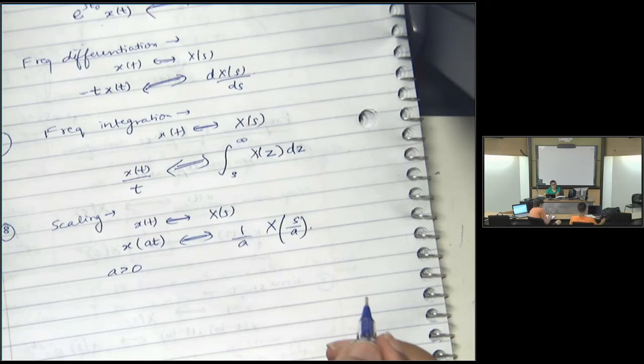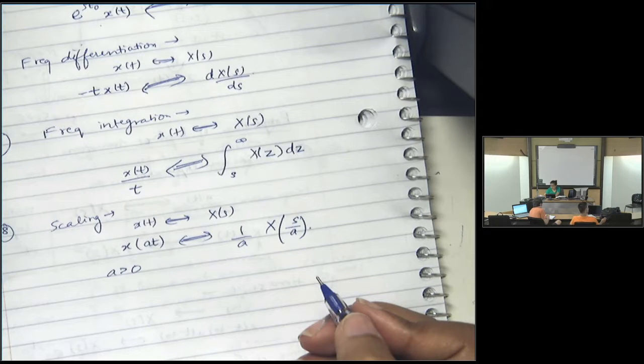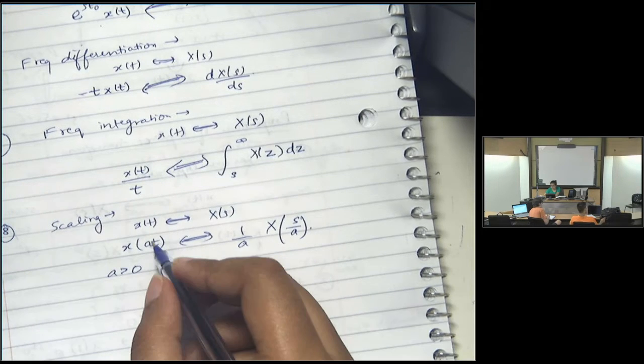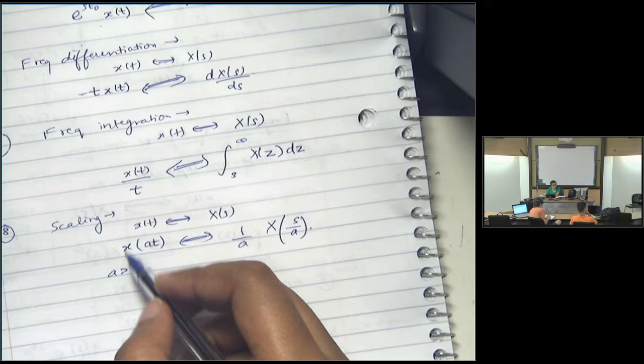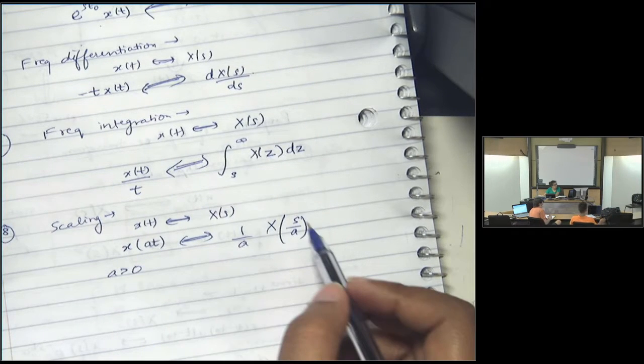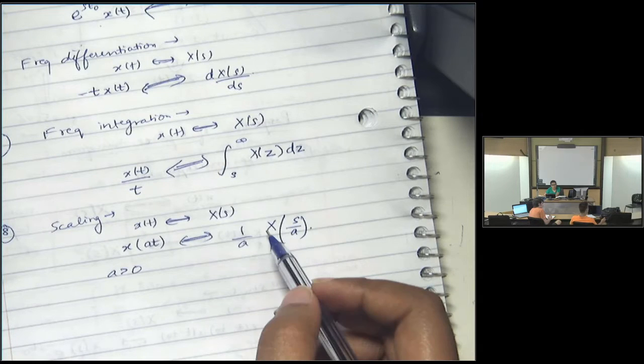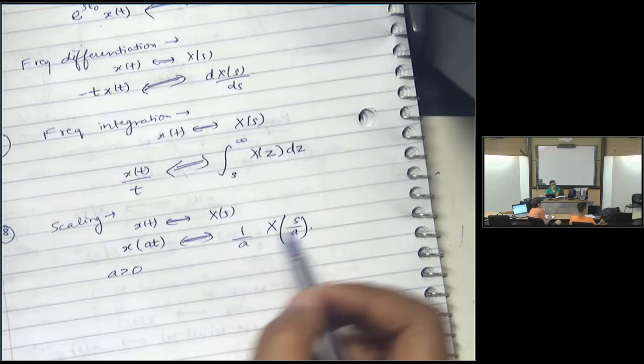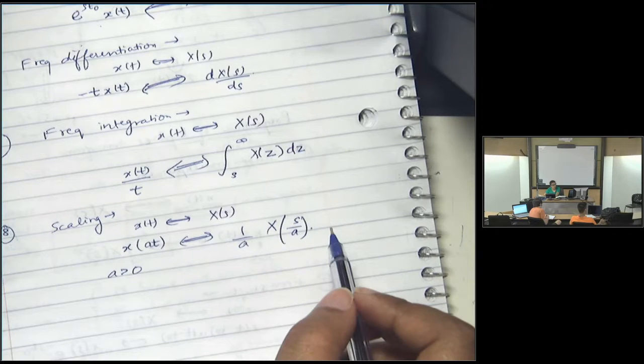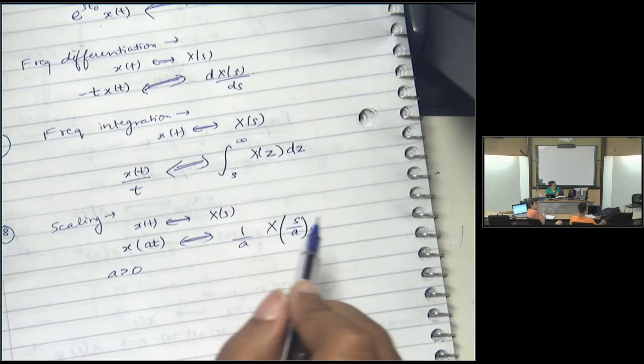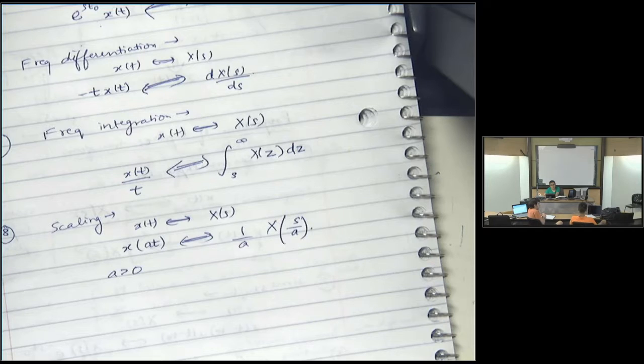So if my a is an integer value, say 2, 3 or 4, that means I'm compressing over here, then I'll get an expansion in S domain. So compression in time domain will be expansion in S domain, and expansion in time domain will be compression in S domain.